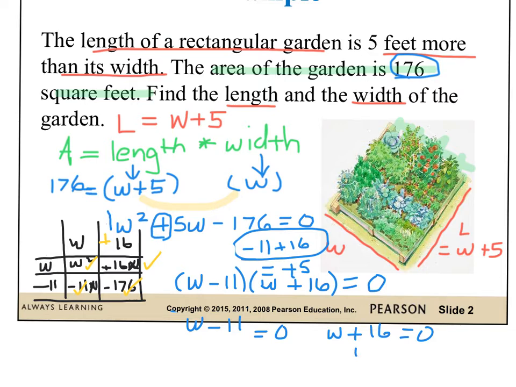And this provides us with a solution that really isn't a logical solution, since we know that distances can't be negative. But W equals 11 tells us the answer to the problem.